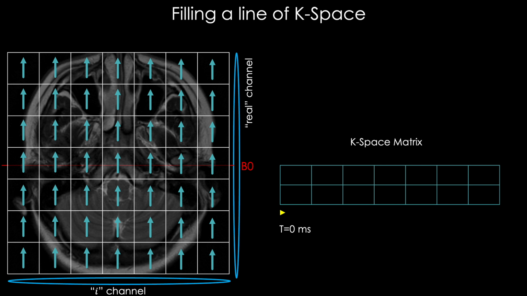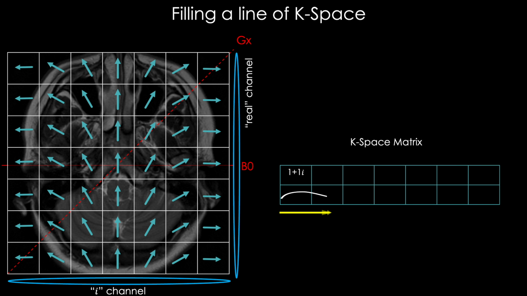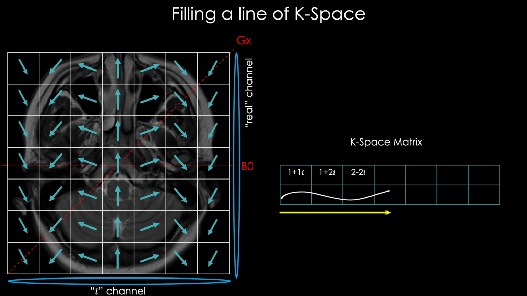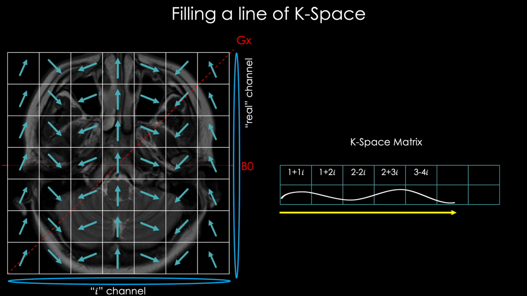When we're ready to start recording data, we'll turn on our gradient field and start recording the current being induced into our real and I receiver coils as the echo develops. Notice that this gradient field will cause more and more dephasing the longer it's applied.